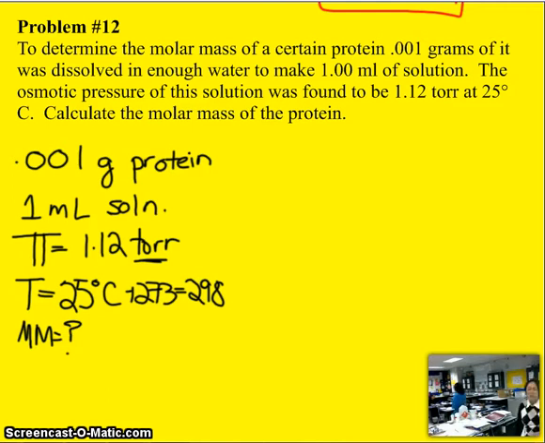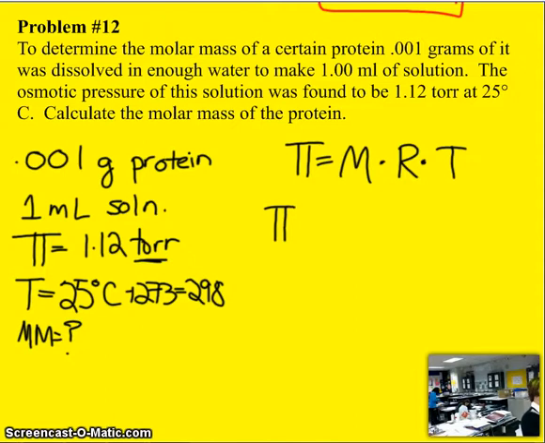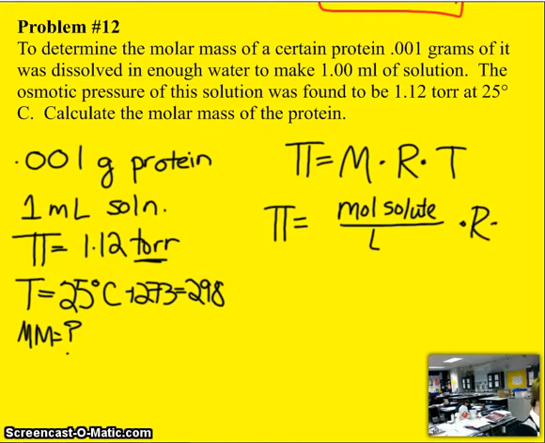So they're asking us here for molar mass. If we think about the equation that we know for osmotic pressure, it's molarity times R times T. And molarity really is moles of solute, in this case our protein, per liter of solution. So if they want the molar mass, this is kind of what we're dealing with in our lab, then we really want the grams over the moles.